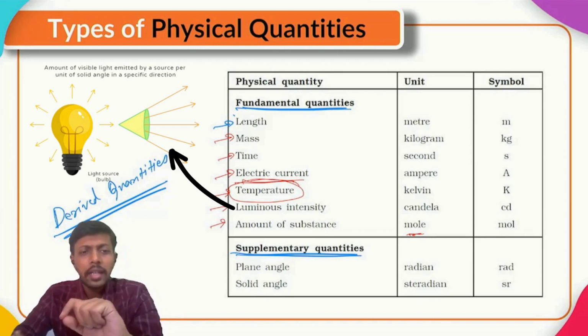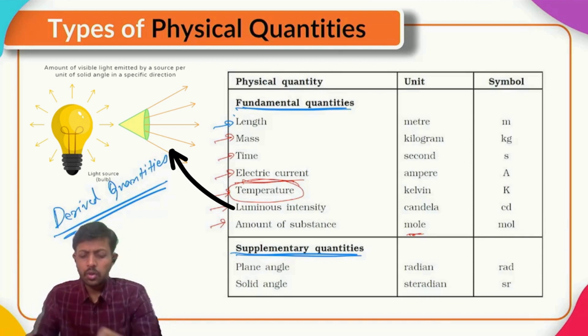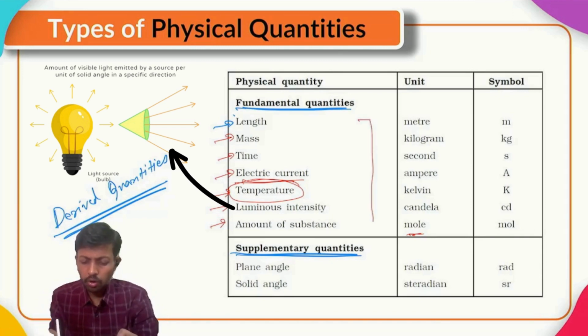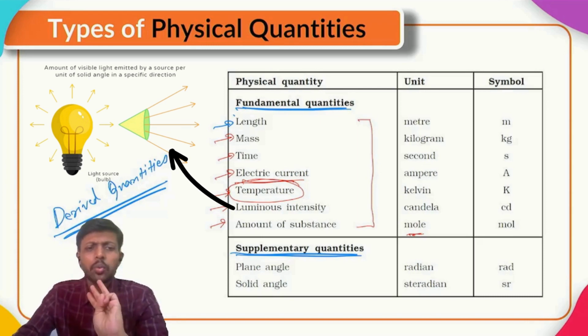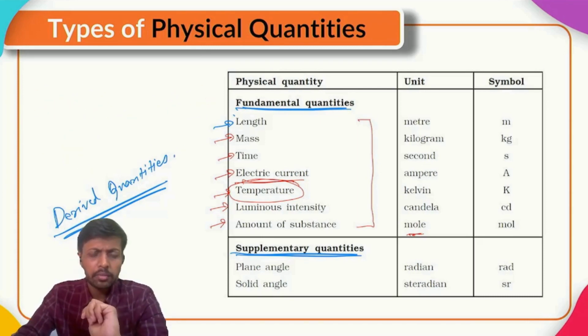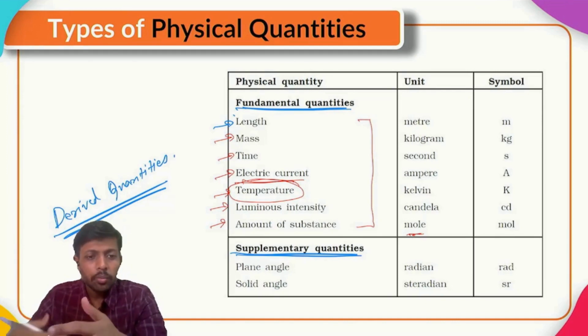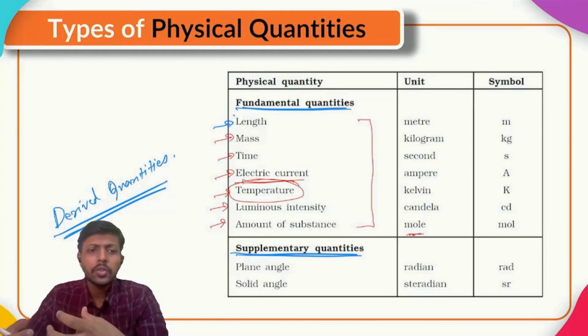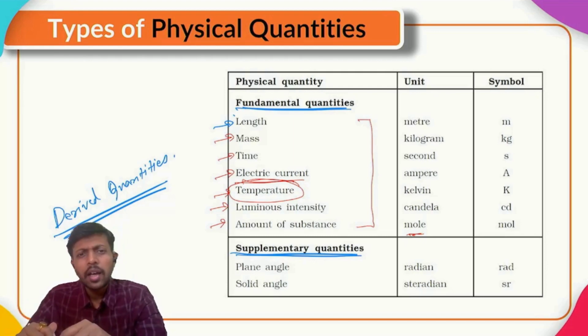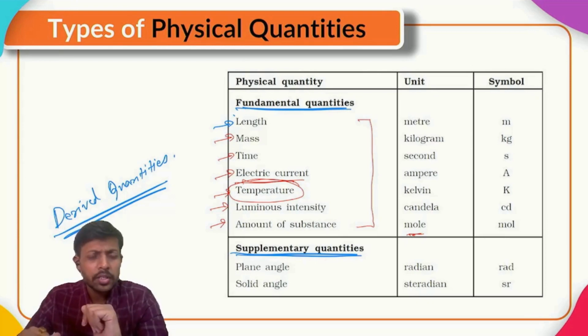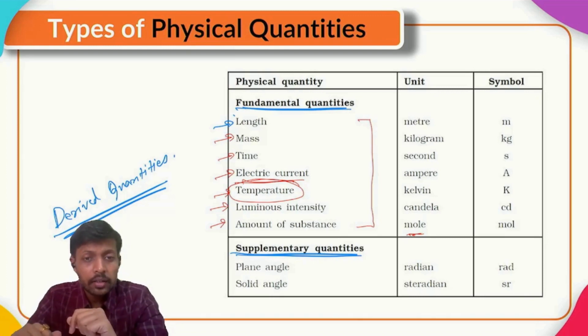Now remember, the list of fundamental quantities wasn't always this long. Initially, we considered only three quantities to be fundamental: length, mass, and time. As new discoveries were made, we got to know about new physical quantities, and we thought, okay, these three, length, mass, and time, are not sufficient to express this new physical quantity. For example, electric current.